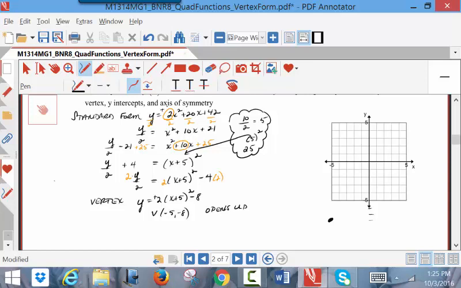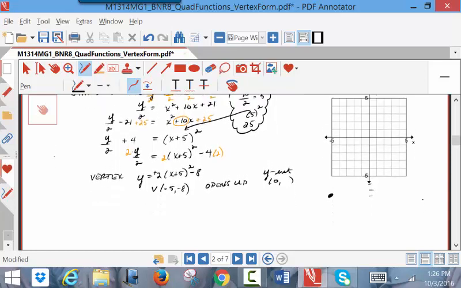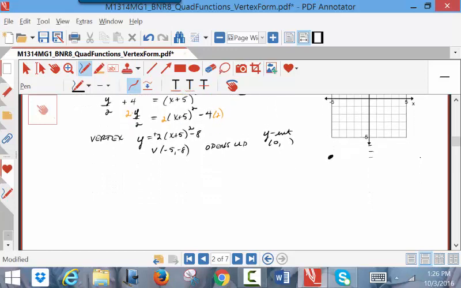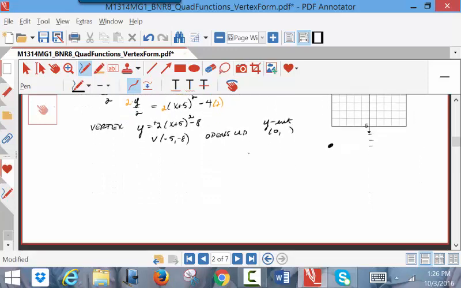So they're probably going to ask me my y-intercept. My y-intercept is the point where the x value is 0. There are 2 places you can go, but we've always gone to the vertex form. So I have y equaling 2 times (x plus 5) squared minus 8.